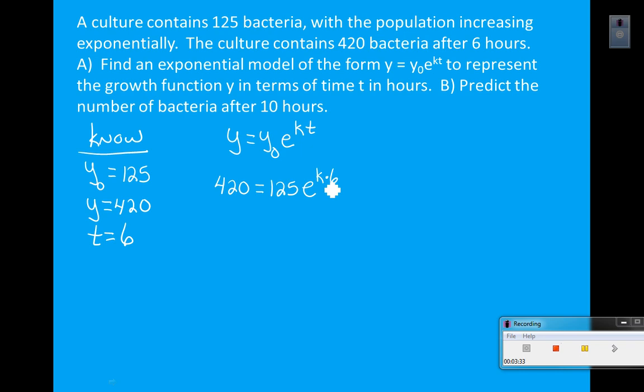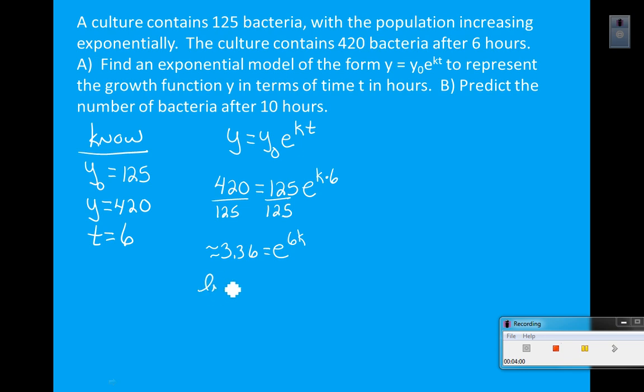Well, now we need to solve this. So what I need to do is divide both sides by 125. And whatever that is, it's about 3.36 equals e to the 6k now. And then to solve this, I'm going to take the natural log of both sides.